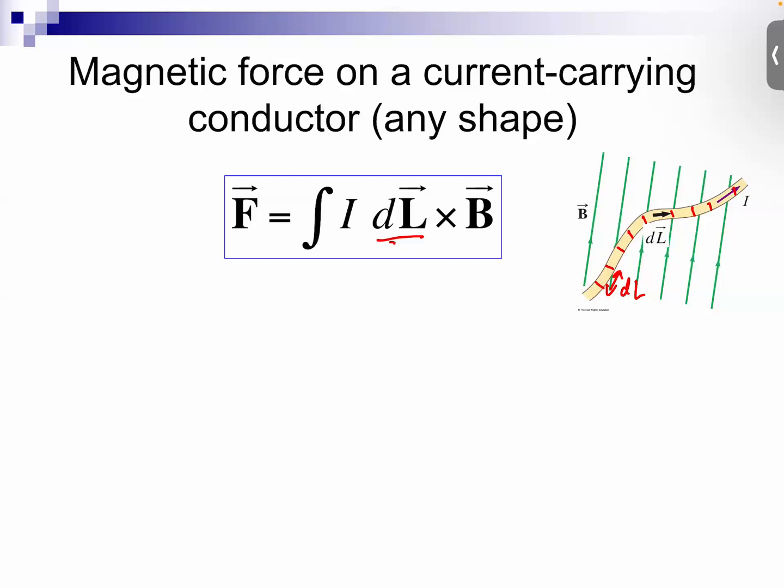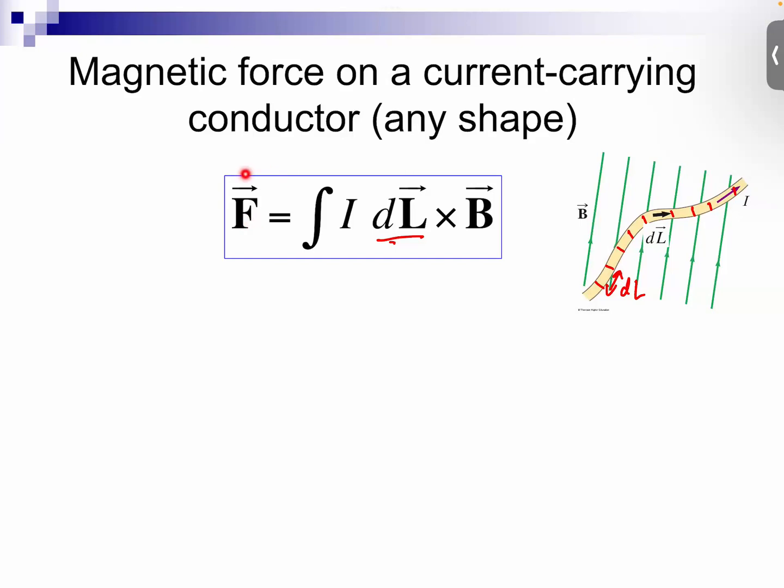Because if you divide a crooked wire into small pieces, each small piece approximately looks straight, and therefore you can just apply the I dl cross B as we did for the straight wire in the previous examples.